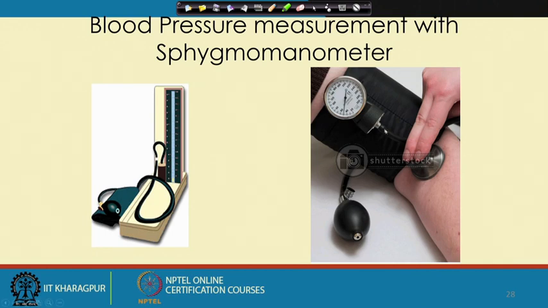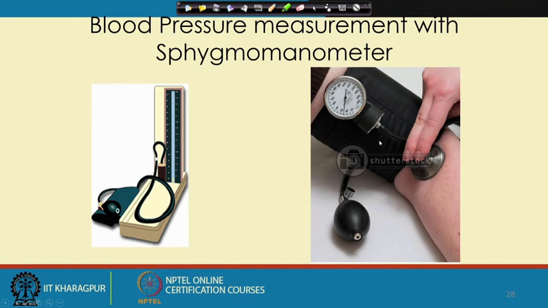That means the pressure within this cuff band is slowly decreasing, and the moment it comes below the systolic pressure, a little amount of blood starts flowing, because the resistance is there due to the compression provided by this band.